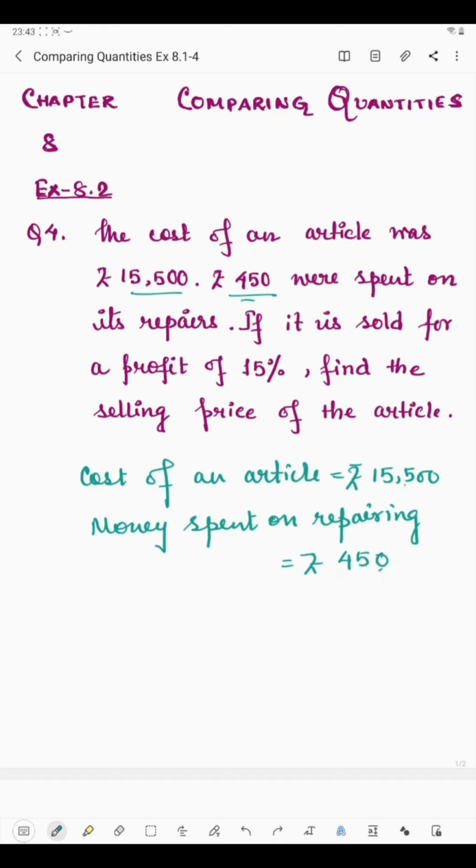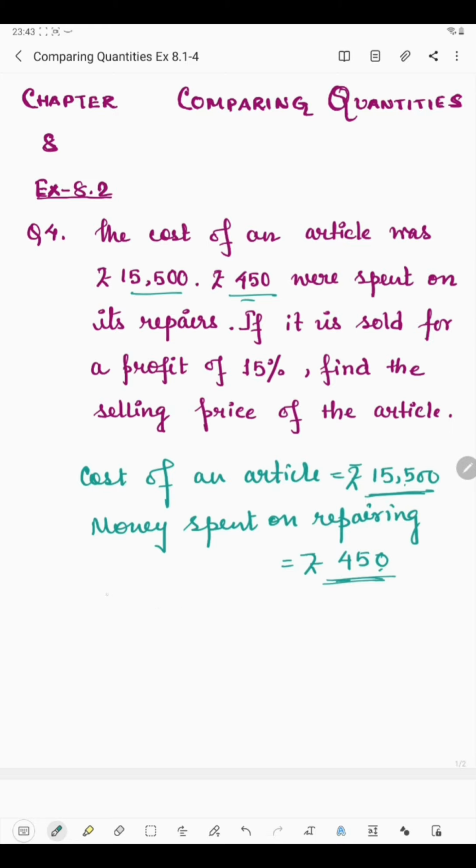Now, this is the money I spent on buying this, and this is the money I spent on repairing this. So what will be the total expenditure? To find the total expenditure, these and these are to be added.